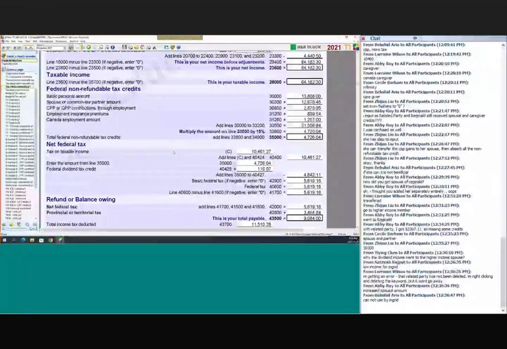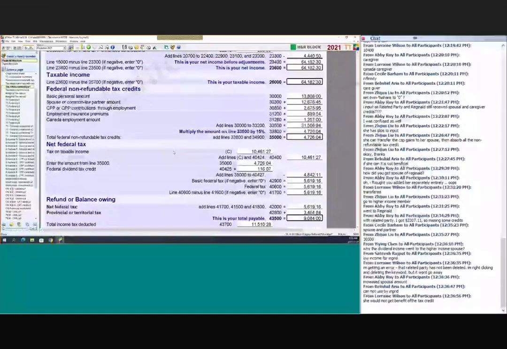The reason is, well, I guess it is due to low income for Ingrid. In the case of spouses, the government allows you to transfer if they have relatively low income, and like Abby said, it increases the spousal amount. It is beneficial to have it transferred to Reginald because then he can claim the disability tax credit. Otherwise, the disability tax credit in this case, with Ingrid having such low income, is lost. That's right. So Lorraine, you've got it.